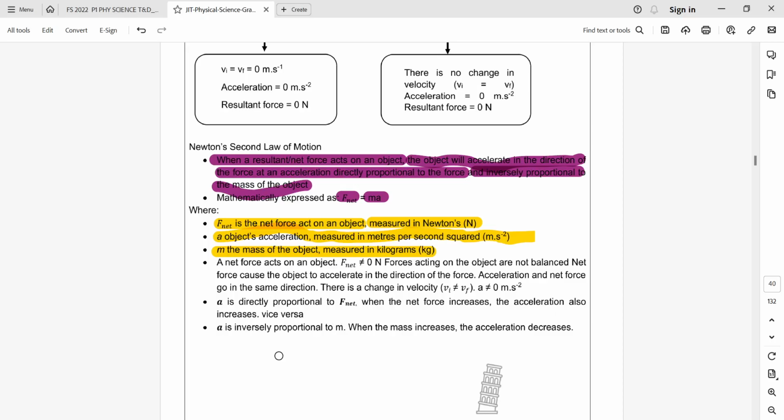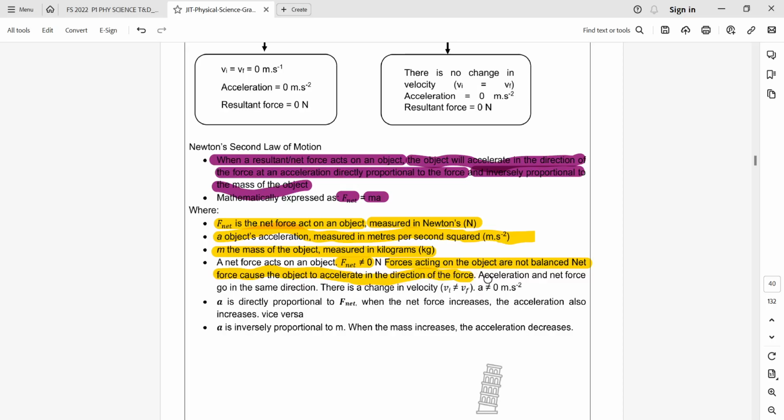Now, when a net force acts on an object, F net is not equal to 0. It means that there are non-zero forces acting. So the net force is not equal to 0 newtons, and the forces acting on the object are not balanced. What do they mean when they say that? The forces acting on the object are not balanced, and they cause the object to accelerate in the direction where the force is applied.